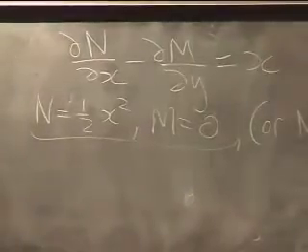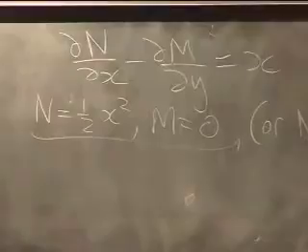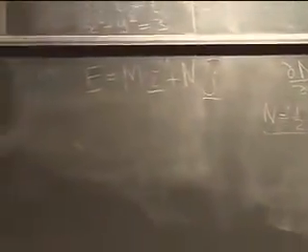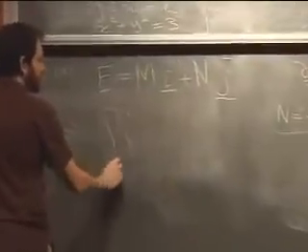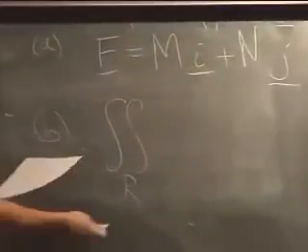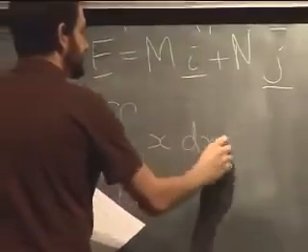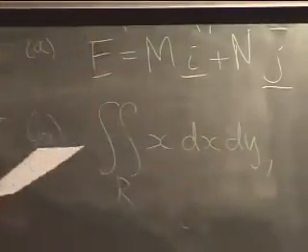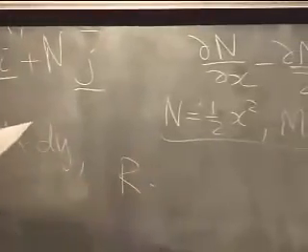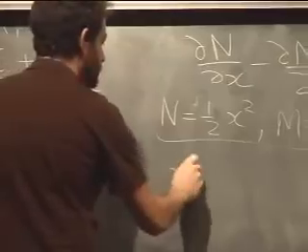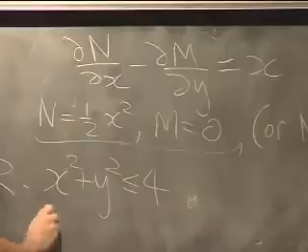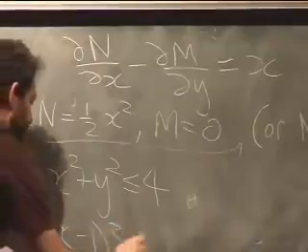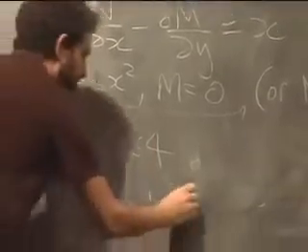So part B says, use Green's theorem and the vector field you found to compute this. It's the double integral over R of x dx dy, where R is given by x squared plus y squared less than or equal to 4, and (x minus 1) all squared plus y squared is greater than or equal to 1.